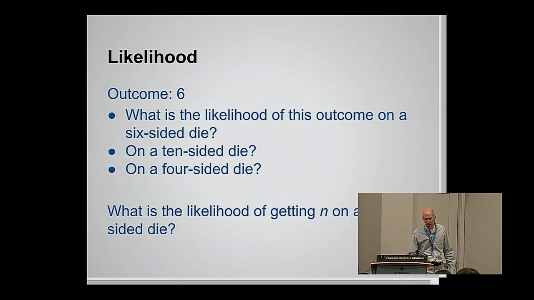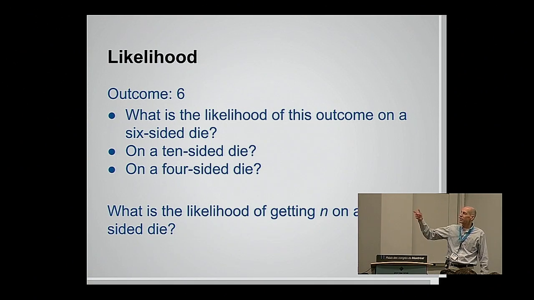let's think about this. So if it is a 6-sided die, if the hypothesis is 6, what's the probability of the outcome 6? 1 in 6. Okay. How about on a 10-sided die? What's the probability of getting a 6 on a 10-sided die? 1 in 10. And on a 4-sided die? 0.